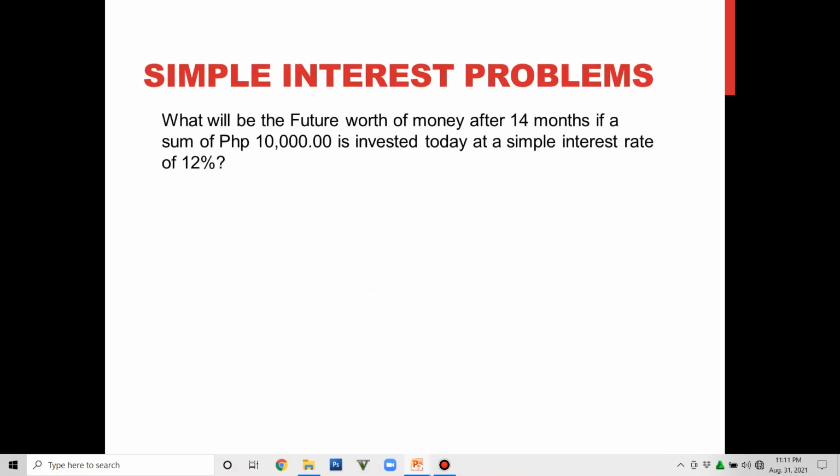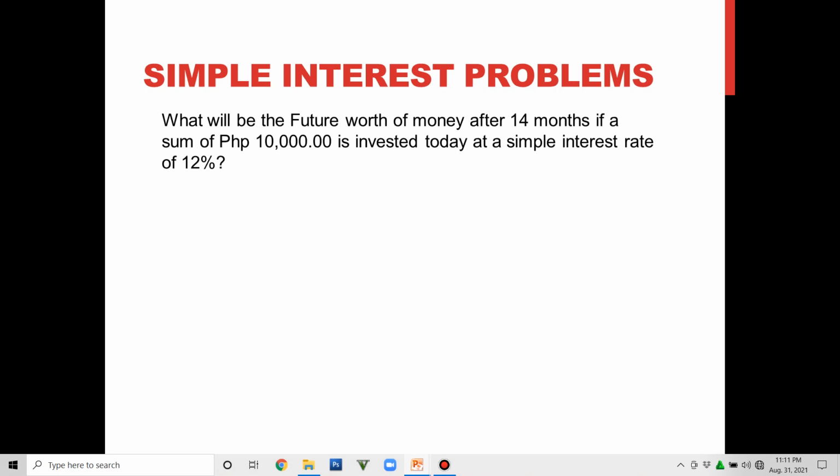Okay, moving on to the next problem. Here, what will be the future worth of money after 14 months if a sum of 10,000 is invested today at a simple interest rate of 12%? Be careful in determining the present worth and the future worth.